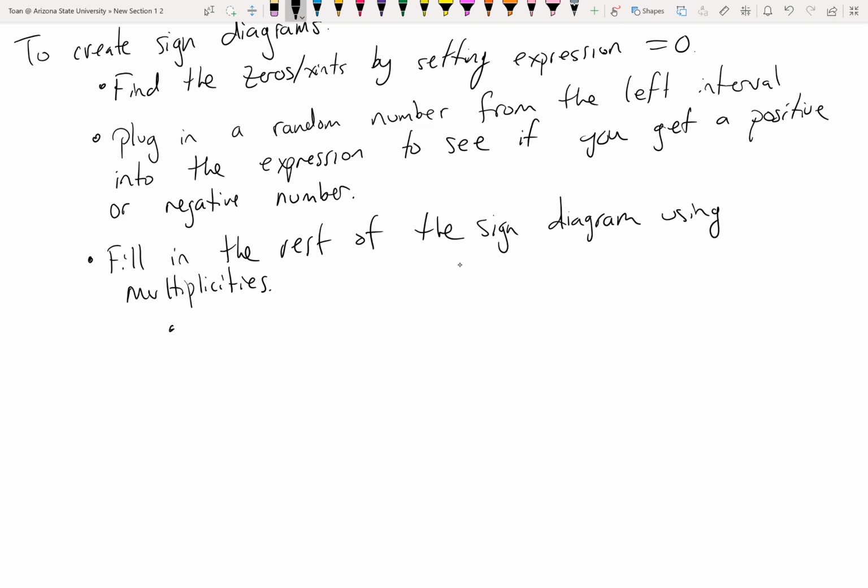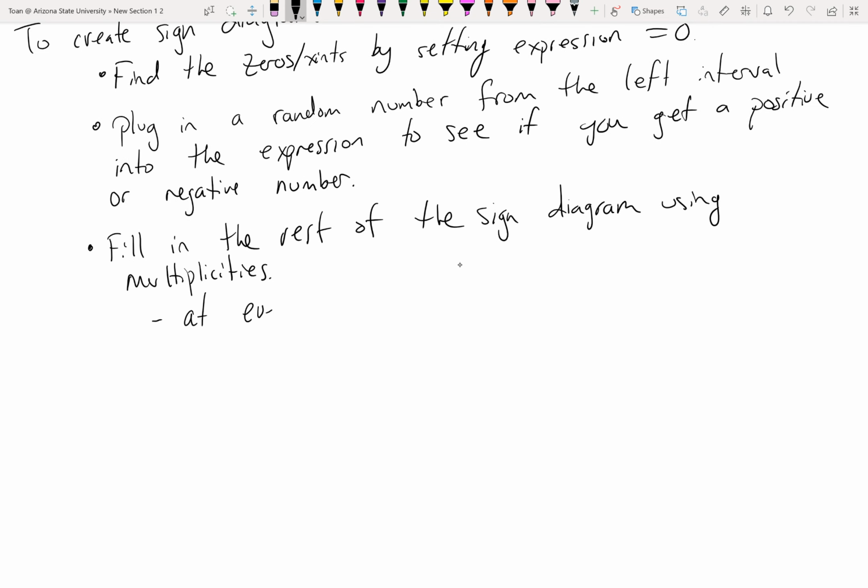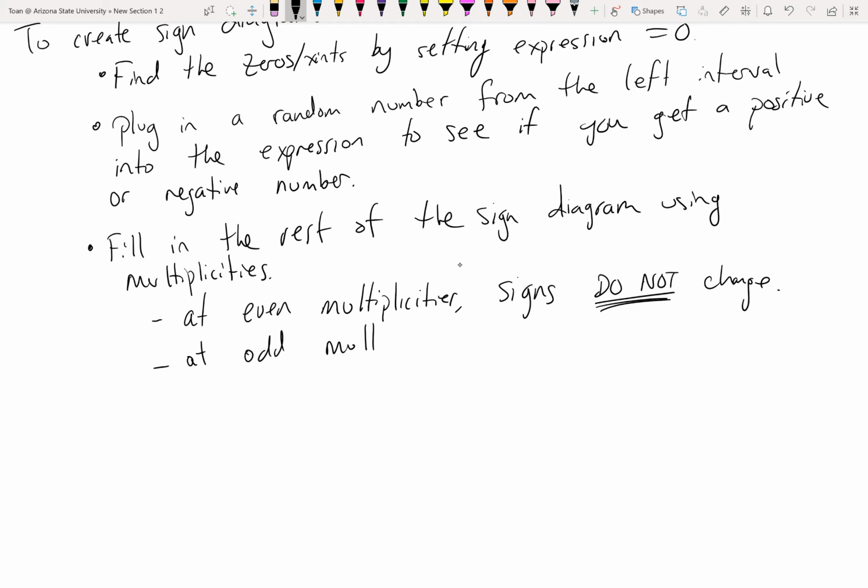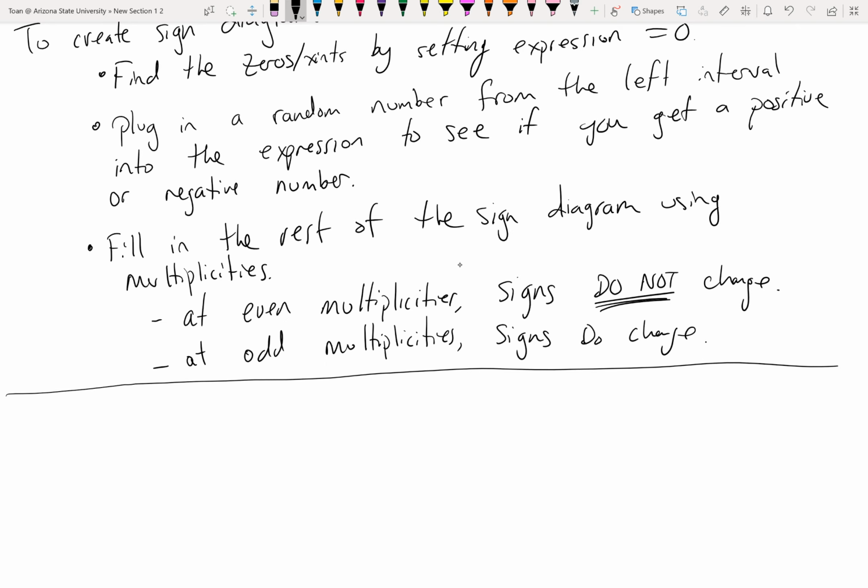Recall that at even multiplicities, the signs, the positive or negatives, do not change. And of course, the exact opposite happens at odd multiplicities: the signs do change. Hopefully all of this will make a lot more sense once we do a particular example.